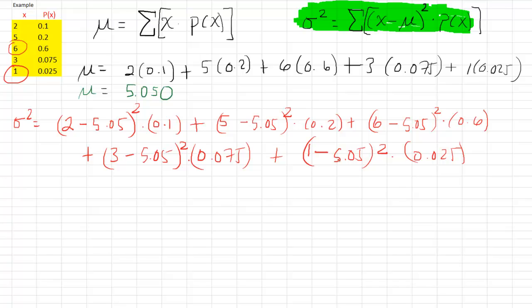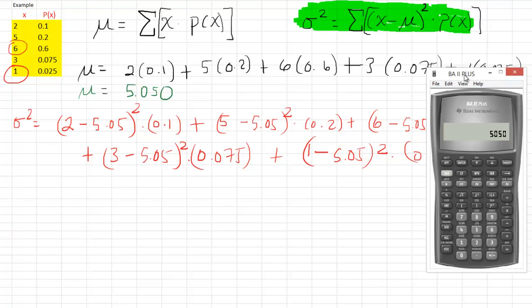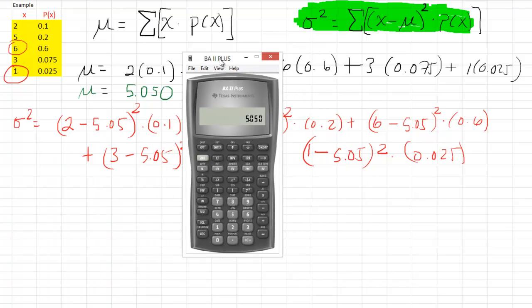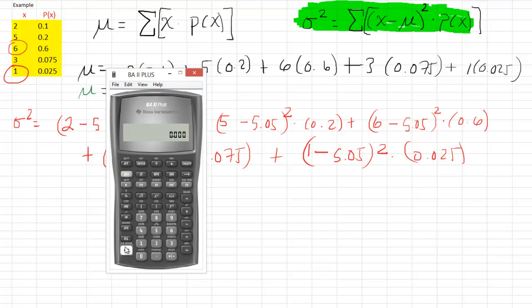We can take our calculator and do each of these separately. Clear. So 2 minus 5.05 equals, squared, times 0.1 equals, store 1. The next one, 5 minus 5.05 equals, press the square button, multiply by 0.2 equals, store 2.